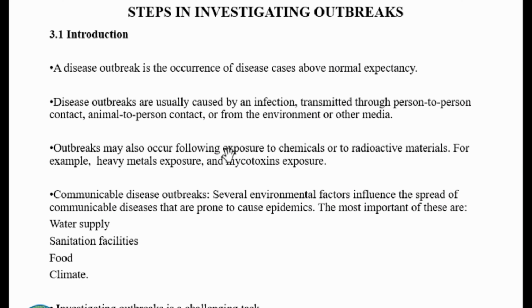So when you're talking about outbreaks, don't only confine yourself to person-to-person contact, like COVID, which you can get from another person. There are diseases that you can get from animals, or from the environment. Even COVID, if somebody is not covering the mouth, you can get it from the air if you're in a closed room, right?